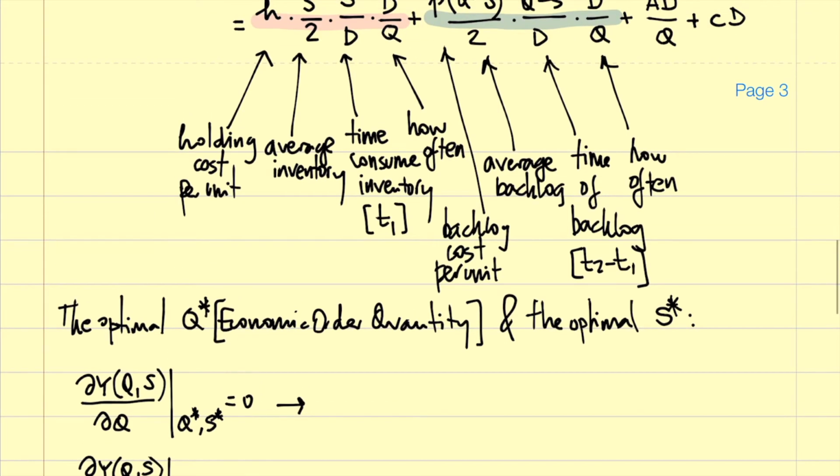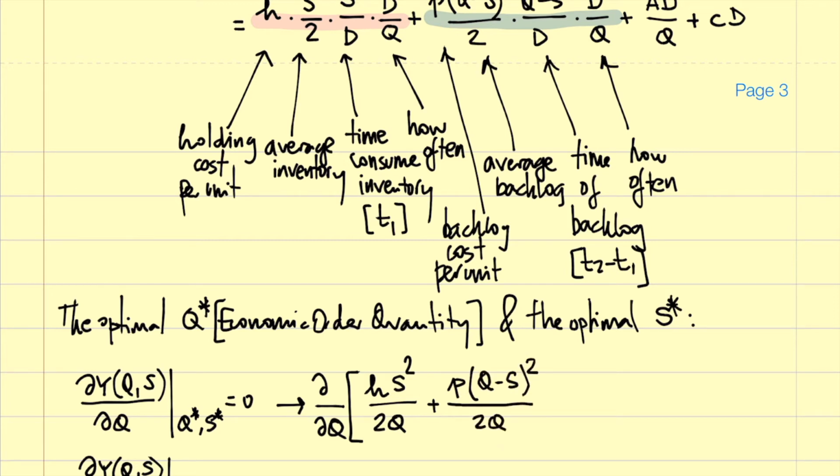So if we take the first derivative of this function above with respect to Q, we get the first partial derivative with respect to Q of H S square divided by 2 times Q plus P times (Q minus S) square divided by 2 times Q plus AD divided by Q plus CD equal to 0.